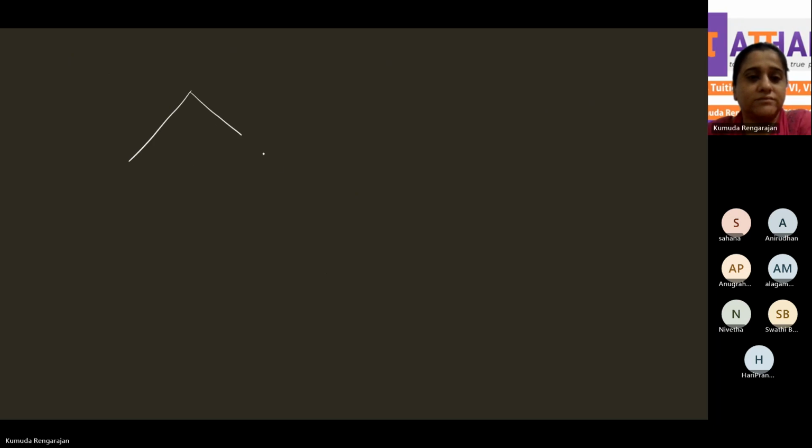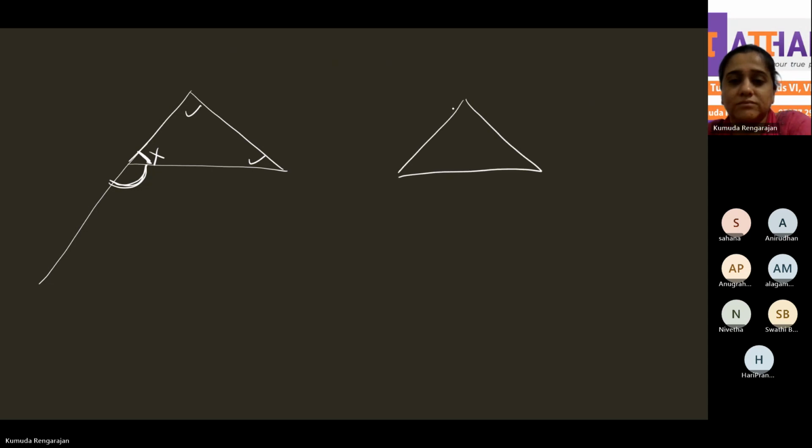See. This is an exterior angle. This is the interior angle. Leave this. This angle is equal to this angle plus this angle. Triangle: if this side is produced, an exterior angle is formed here.